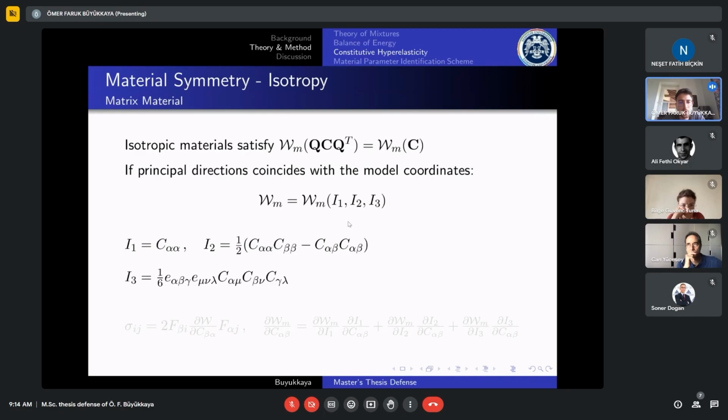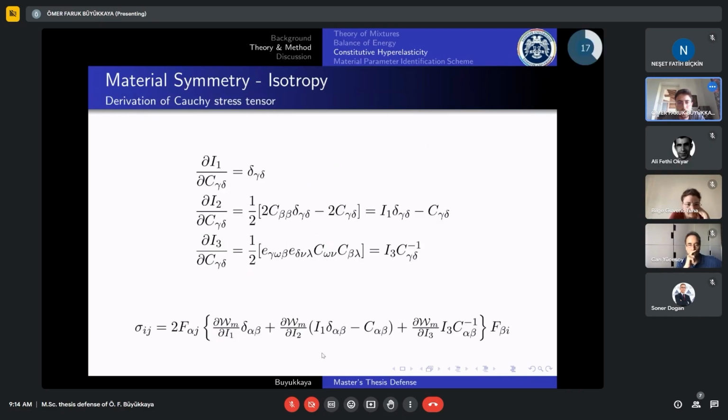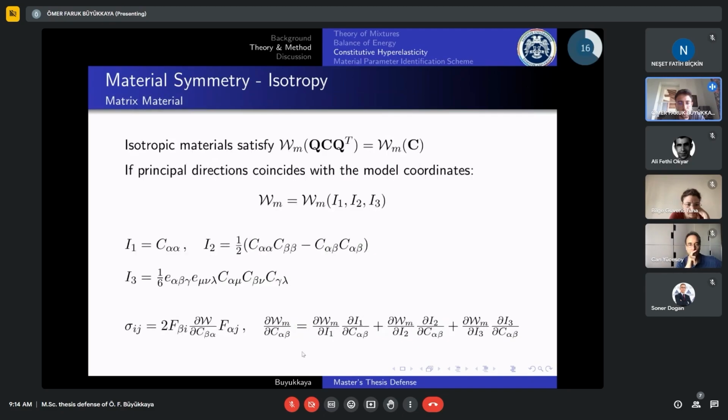Thus, the strain energy density function of an isotropic material is a function of the first three invariants of the deformation tensor. By using this dependency, we further expand this sigma ij expression into a more explicit form.